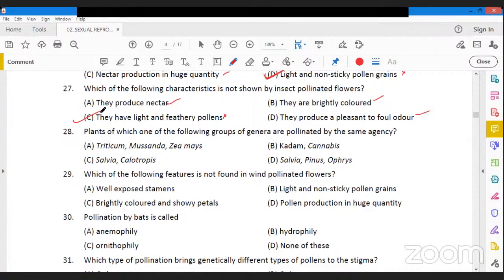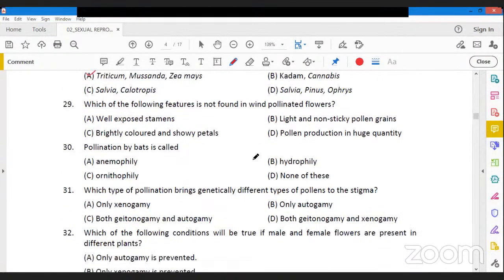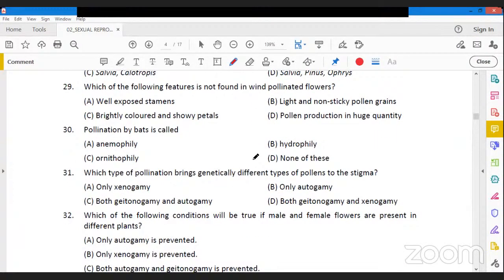Next, 28th: plants of which one of the following groups of genera are pollinated by the same agency? Here Triticum, Zea mays, all of them are pollinated by wind. Okay. Which of the following features is not found in wind pollinated flowers?